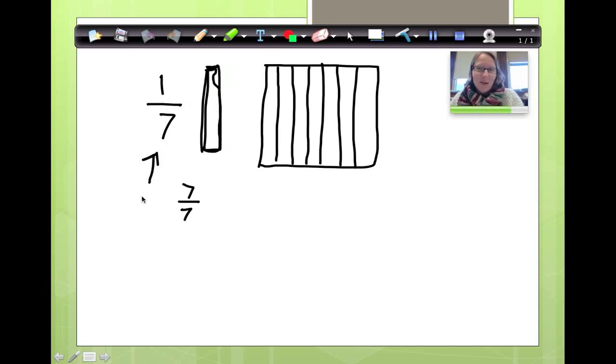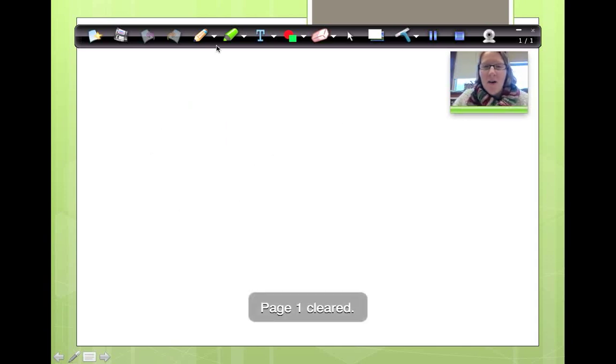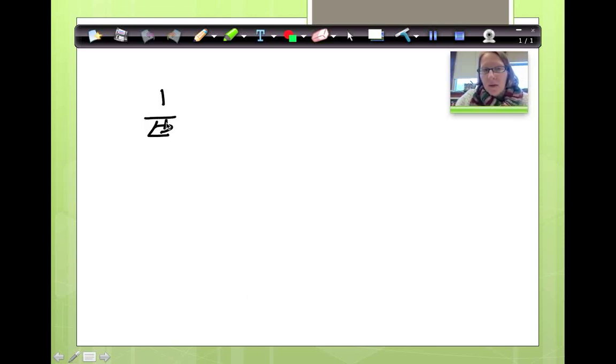Now question. How come I can't, if this is, let's call this 1/4. And I have the same shape. Okay? It's a very sloppy rectangle. I'm just unhappy with that. Here we go. Okay.